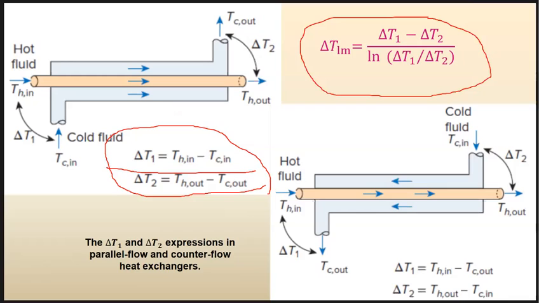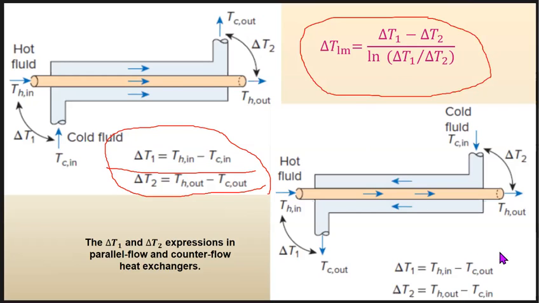So when you have a counterflow heat exchanger, that means the directions of the hot side and cold side flows are opposite to each other, then delta T1 and delta T2 are defined differently than the way we define them for parallel flow. Delta T1 is temperature at the inlet of the hot side minus temperature at the outlet of the cold side, and delta T2 is equal to temperature at the outlet of the hot side minus temperature at the inlet of the cold side.